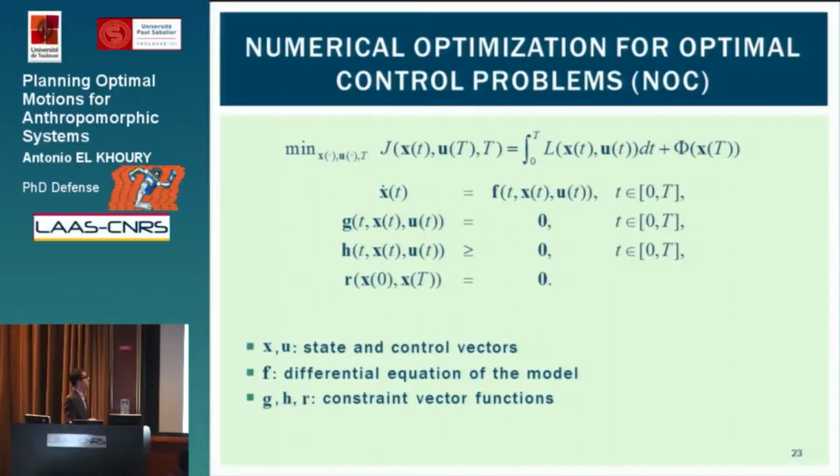Basically, what we want to do is find a trajectory such that we minimize a function, which we call the objective function, under the constraint that the differential equation of the model is always verified, and such that we could have equality constraints and inequality constraints along the path, for the whole duration, as well as terminal constraints, so boundary value constraints: initial and final constraints.